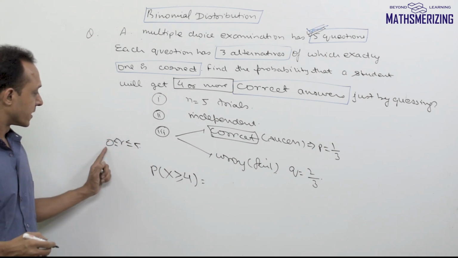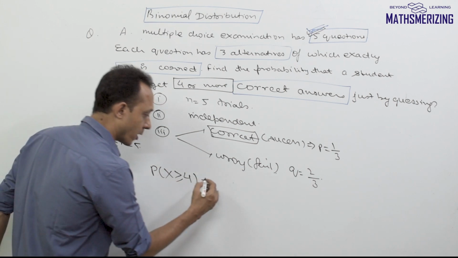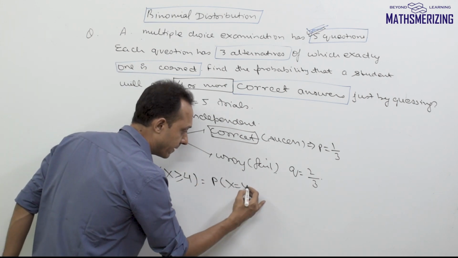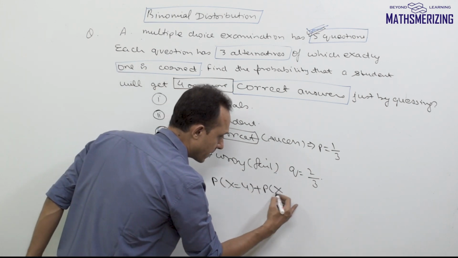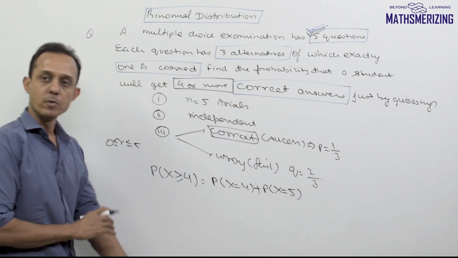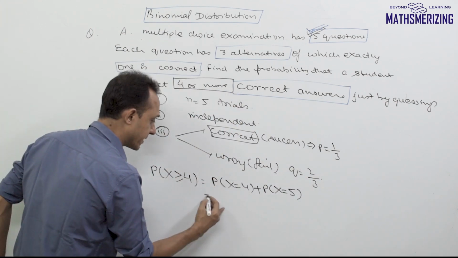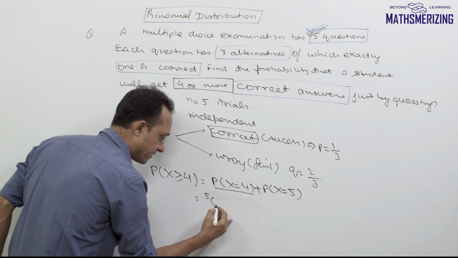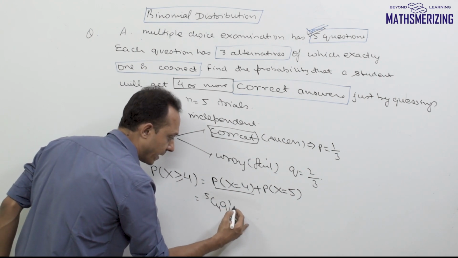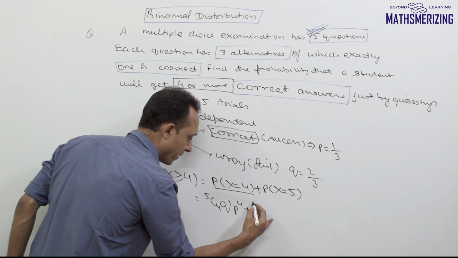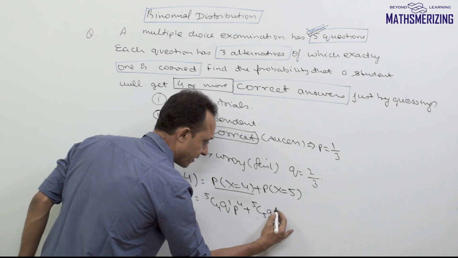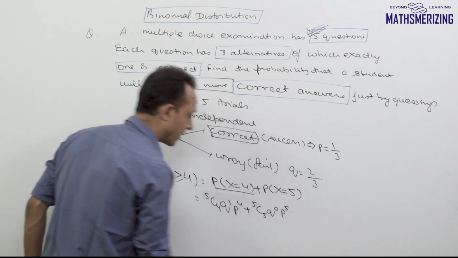So that is 0 success to 5 success. So probability of x greater than or equal to 4 simply will be probability of x equal to 4 plus probability of x equals 5. Now what is probability of x equal to 4? So that is 5c4 q to the power 1 p to the power 4 plus 5c5 q to the power 0 and p to the power 5.